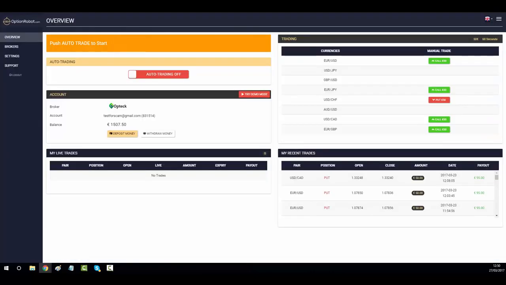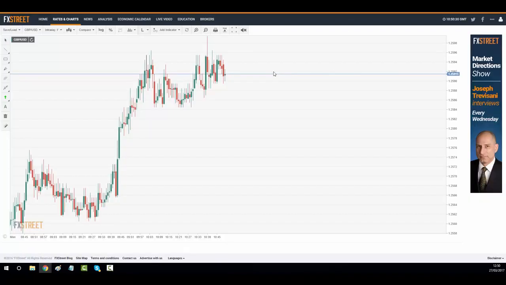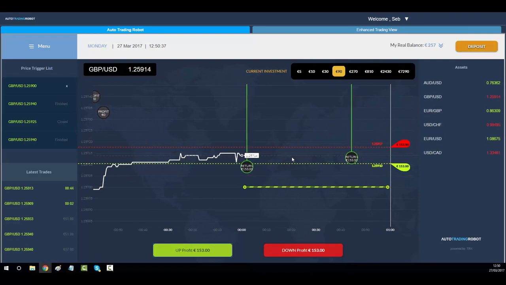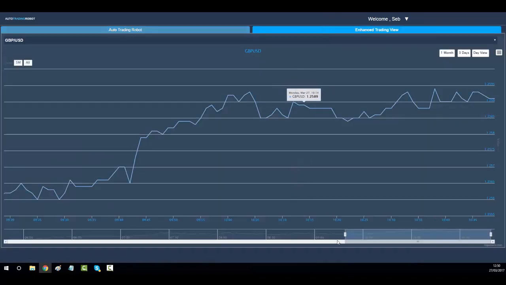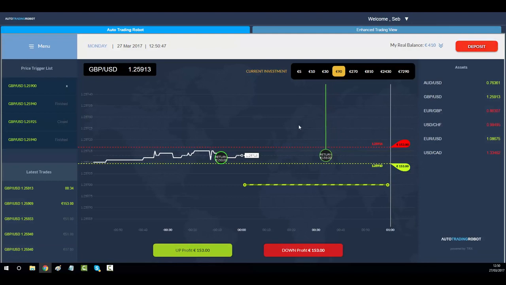Oh, it's still got my. Let's just move option robot over to there a second. There we go. We've got green candles now on the way. There we go. Just double check on the enhanced trading view. Hopefully that'll start picking back up now as it carries on the upwards trend.